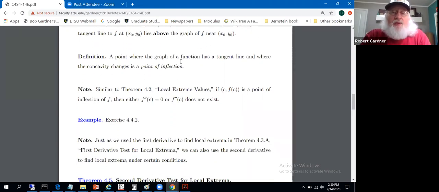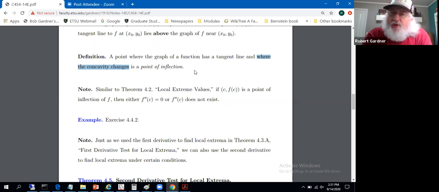A point where the graph of a function has a tangent line and where the concavity changes is called a point of inflection. So I'd like to say the points of inflection are like critical points, except for the second derivative. Now, for some subtle reasons in their choice of words, they say the concavity has to change.